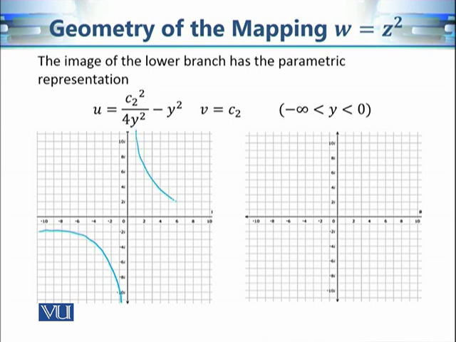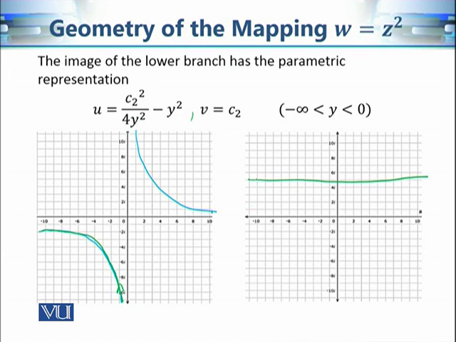So let's just focus ourselves onto this green portion of the hyperbola. Now in this case, once again, the value of v is always fixed, which is equal to c2. But what is the effect of this y? Now, when y is a very, very large number but with a negative sign, if we are somewhere over there, then this is basically a negative number. For example, if y is equal to minus 100, this is a very large number, and this is a very small number because we are taking the square of y as well.